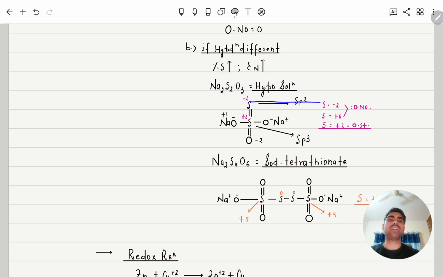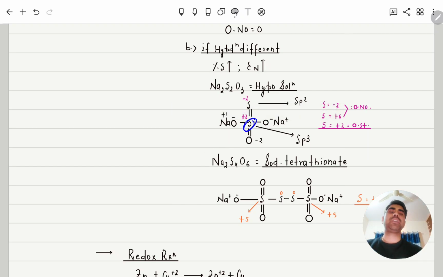So this sulfur has what percentage of s character? 33%, whereas here 25%. So here the percentage of s character is more, which means the electronegativity of this sulfur is more, so it will attract these 2 electrons to its side. So -2, here +2, here -2, so this one is +2, here -1, so this sulfur is +1. Here this one is -1, so this sulfur is +1.